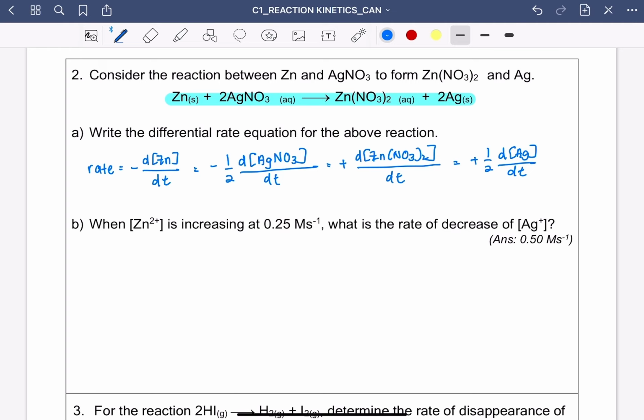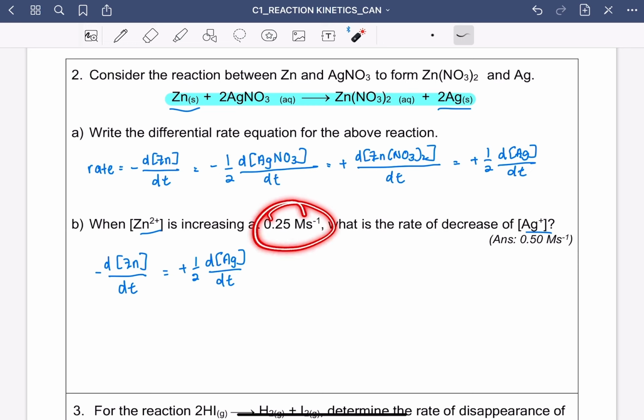Okay, so as you can see here, we have zinc and we also have argentum, which is related with this and this. So we bring down this, which is equivalent to this one. Now, everyone, this 0.25 is referring to the speed, and this is the speed.